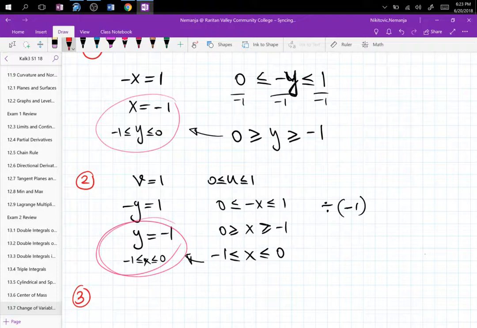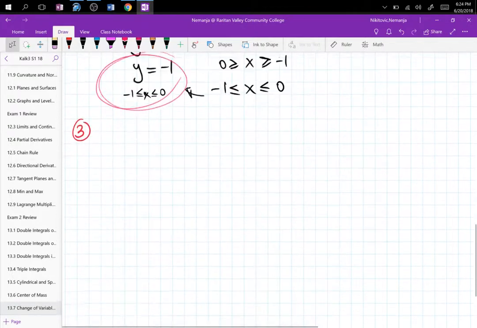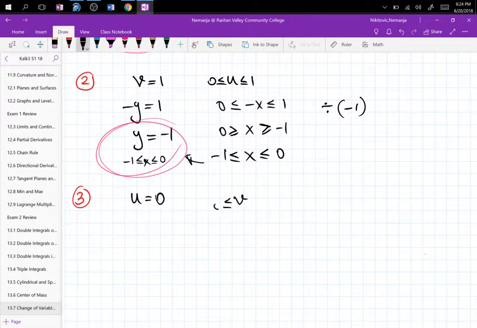Third part of this diagram, as you can see, number 3, is going along what used to be the y-axis. Now it's the v-axis. So it sits on the equation u equals 0 because that's the axis for it. So that is our v-axis. And then v is stuck between 0 and 1.